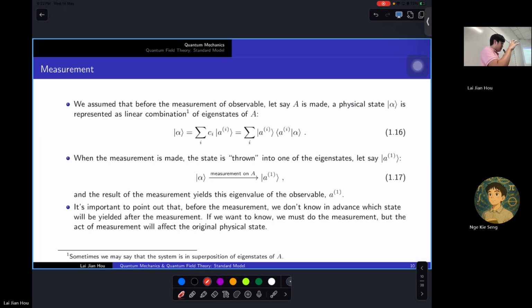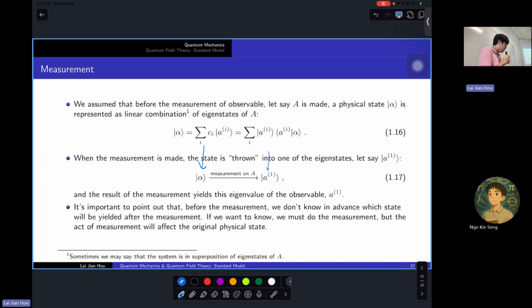So this physical state will be represented as a linear combination of the eigenstates of A. Sometimes we call it the superposition of eigenstates of A. So when we are doing the measurement of A in the physical world, the physical state will be thrown into a certain eigenstate.